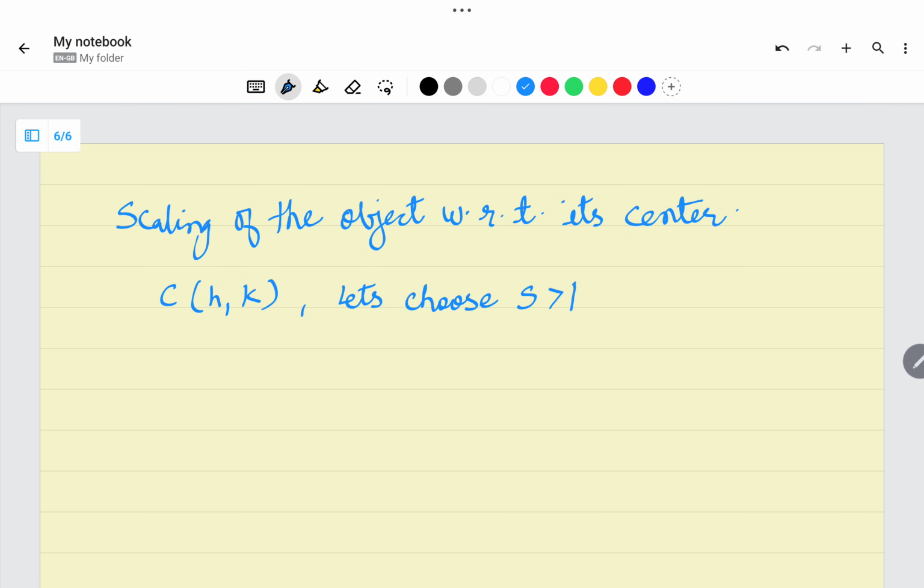So we just use a simple term S, that is a uniform scaling factor greater than 1. So we do the sequence: translate the object so that its center coincides with the origin.